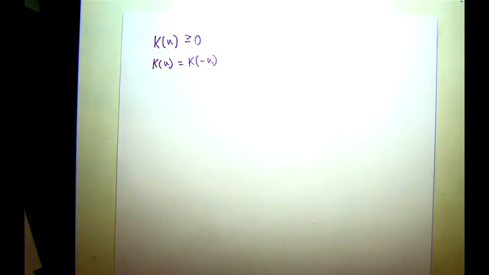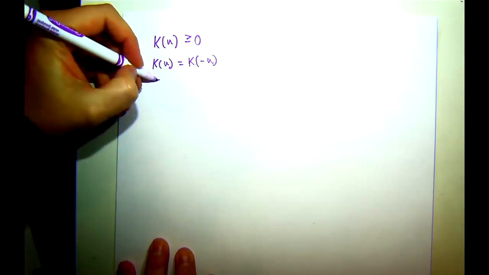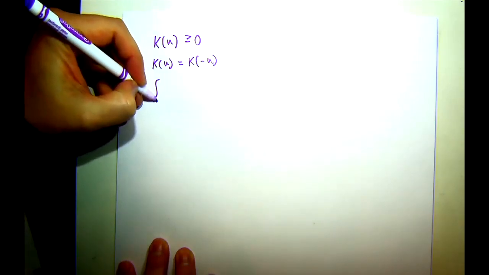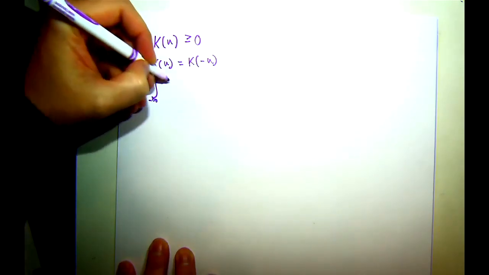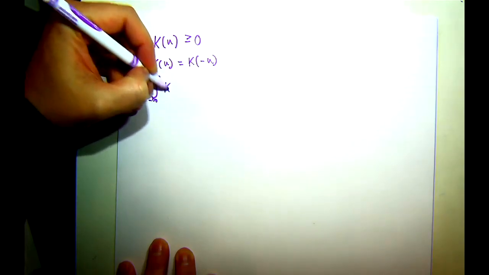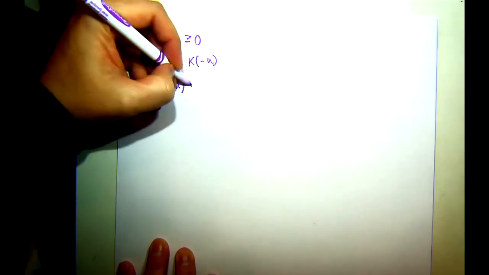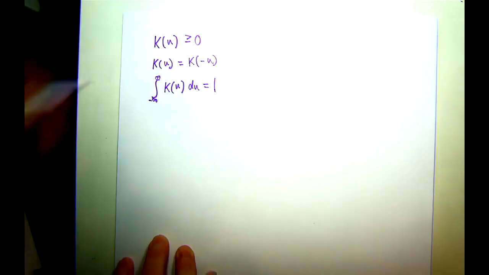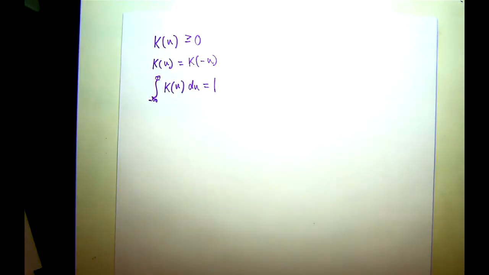If you change the sign of the input value, the positive is the same as the negative. It has to sum to 1 over all the values. So that's the definition of a kernel function. This is a pretty standard thing to use.